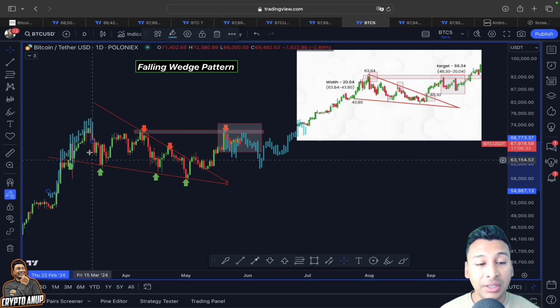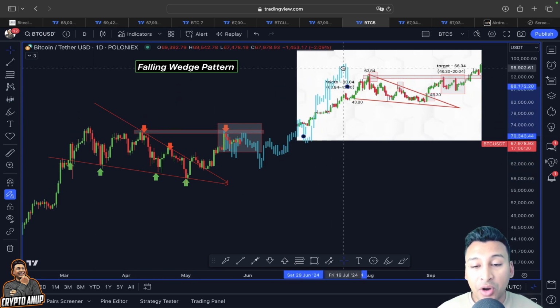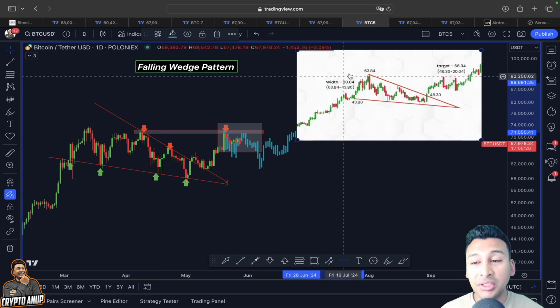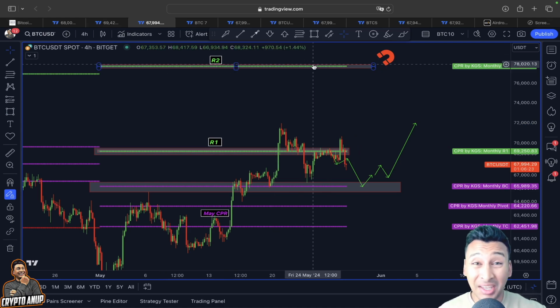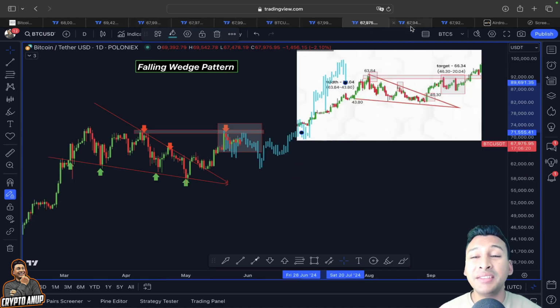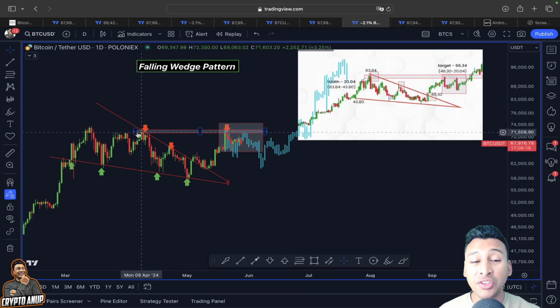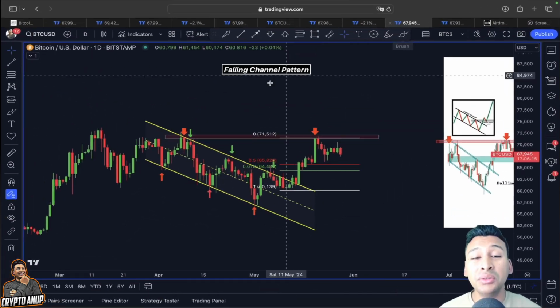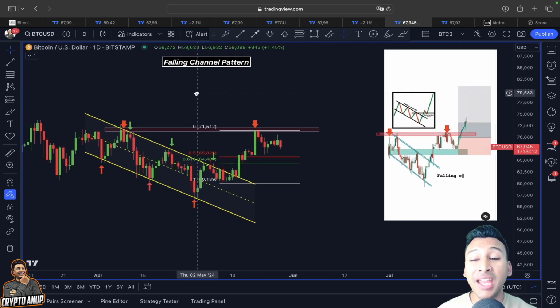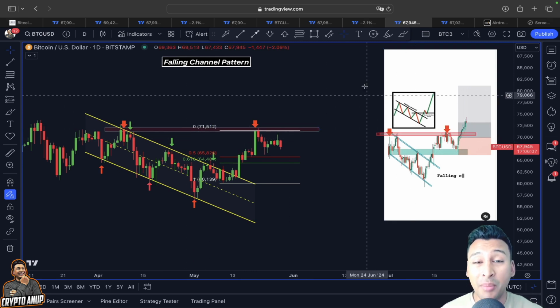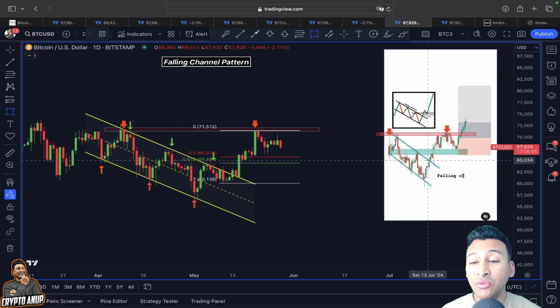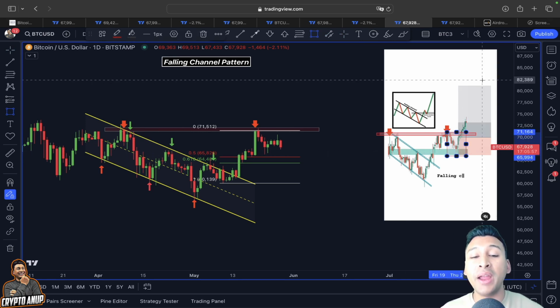I mean, after finding proper support, it is expected to show another continuation around this monthly R2 line, 77, 78, or let's say even up to 80,000 before deciding the trend duration, because it's not just this horizontal trend line, it is also this falling channel pattern indicating us pullback after testing the first price objective is very normal, because on the right hand side you can see even when we broke out of this falling channel, we got attracted towards this price objective, which acted as resistance, resulting in a corrective move before breaking it to the upside.